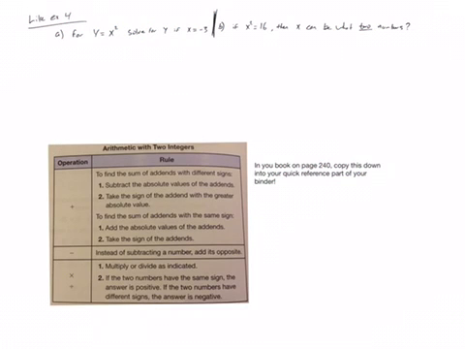Alright, this is like example 4. For part A, it says, for y is equal to x squared, solve for y if x is negative 3. So let's just say y is equal to negative 3 squared. And of course, you're going to want to use your parentheses.